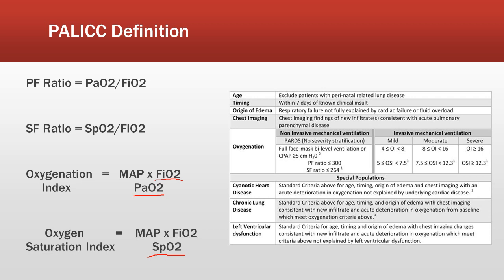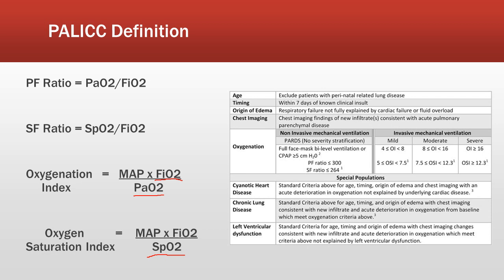The clinical insult itself can vary a fair amount, anything from transfusions to trauma to infection and sepsis. In addition, the origin of the edema has to be basically respiratory failure, not explained by cardiac failure or fluid overload. Previously, there were restrictions on what really constituted ARDS imaging. Now, essentially, the patient just needs to have a new infiltrate consistent with acute pulmonary parenchymal disease.